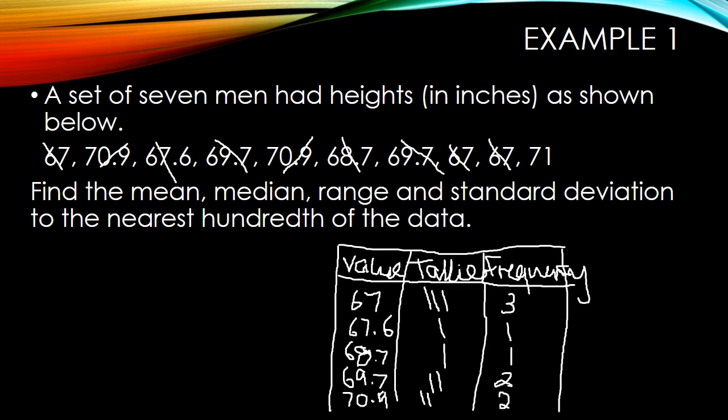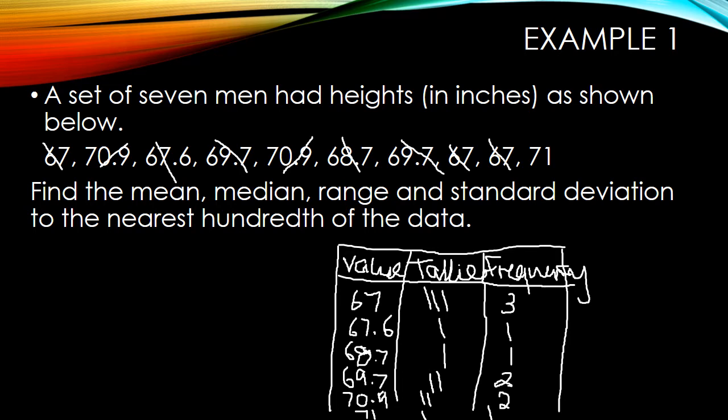And the last value that I see is 71, and I see 71 just one time. So this is how we construct a frequency table.